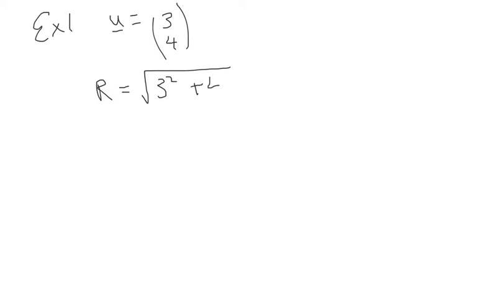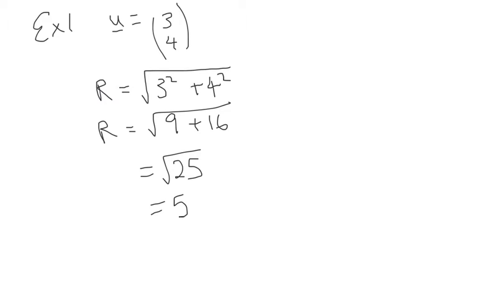Example 1. u is (3, 4) in component form, and we'll convert this to polar form. We find r using x squared plus y squared, 3 squared plus 4 squared. Just square the components, take the square root. So that's the square root of 9 plus 16, square root 25, or 5.